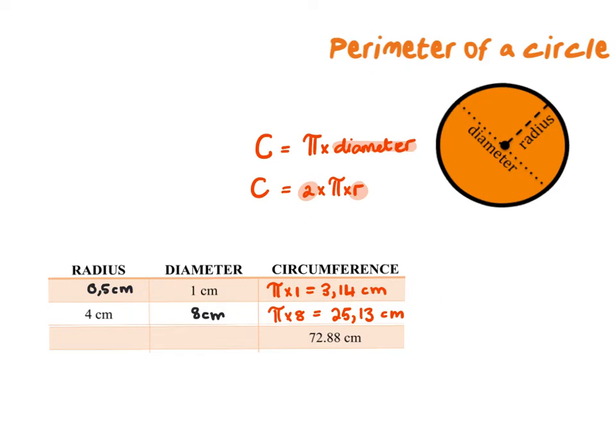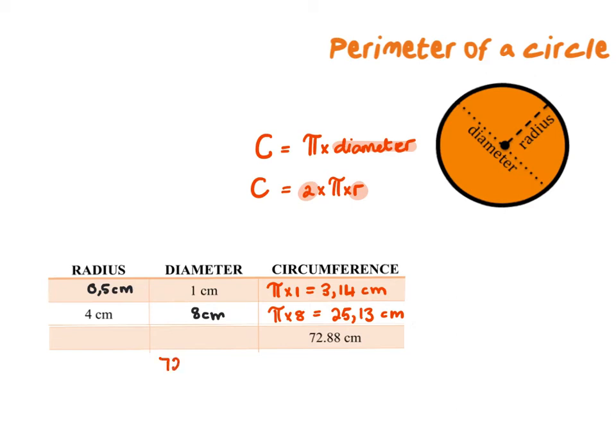They can also ask this question backwards, where they give you the circumference and they ask for the diameter and the radius. Since circumference is pi times diameter, it means that circumference divided by pi will give you the diameter. So when I type 72.88 on my calculator and I divide it by pi, let's just write this method down.